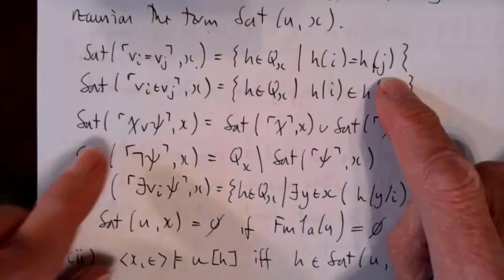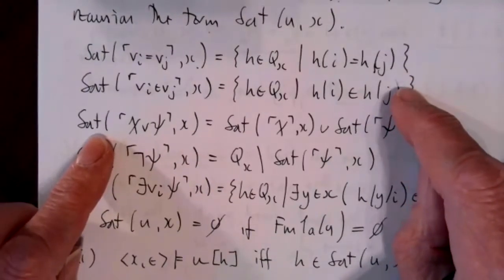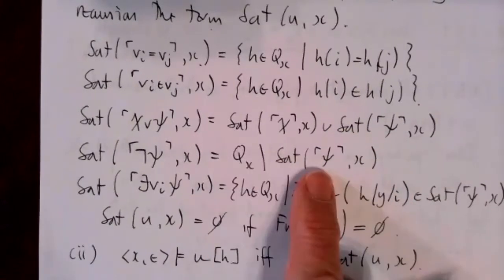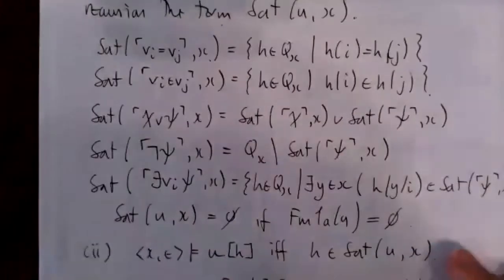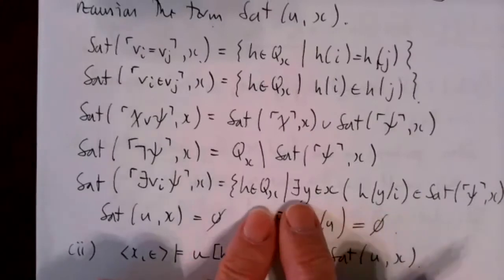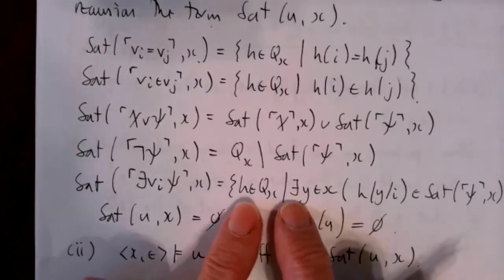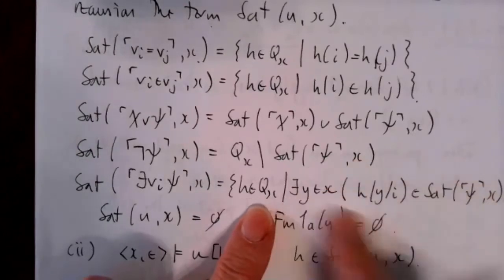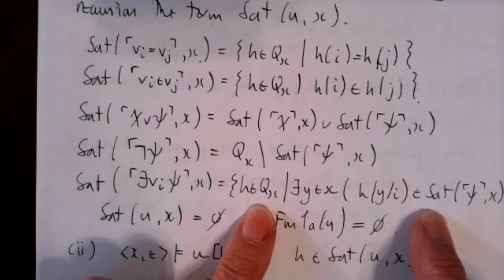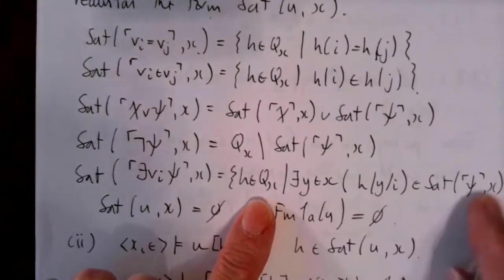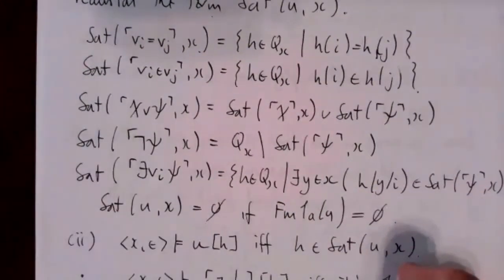And now I'm doing a recursion, which is just taking definite operations. We're taking unions, we're taking the difference of two sets, and here I'm looking at a little bit of separation. I'm looking at definite separation here. I'm looking at the h's in qx that satisfy this definite relationship here. There's some bounded quantification about these definite sets.